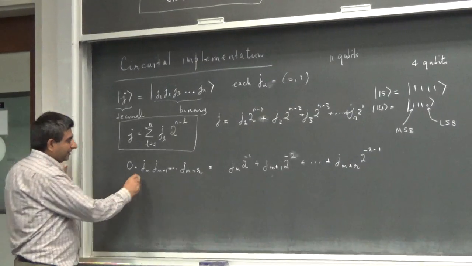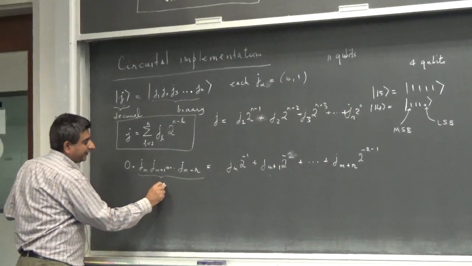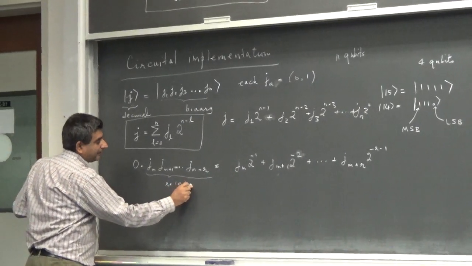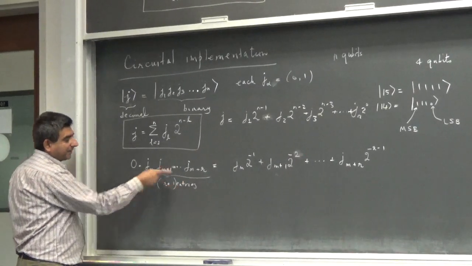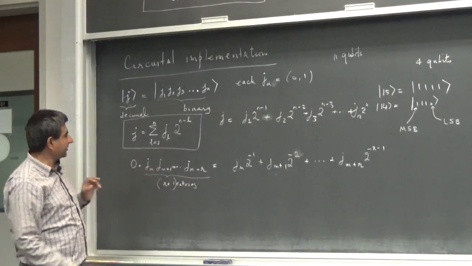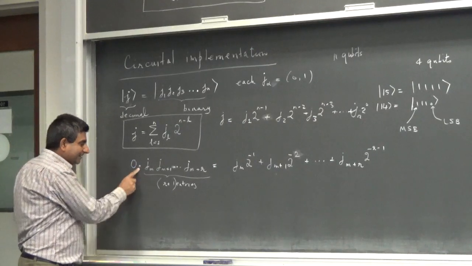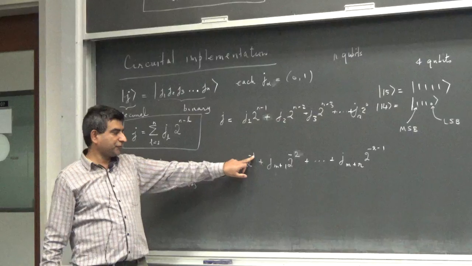So here there are r plus 1 entries in my notation. The first digit right after this binary decimal point picks up a factor 2 to the power minus 1.